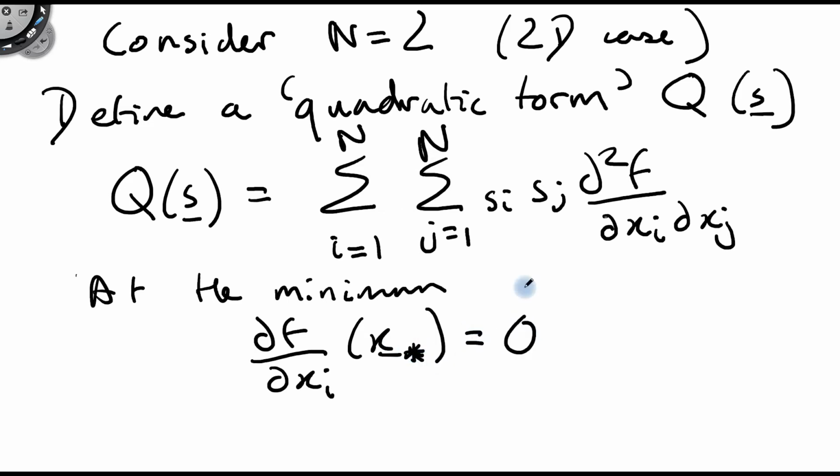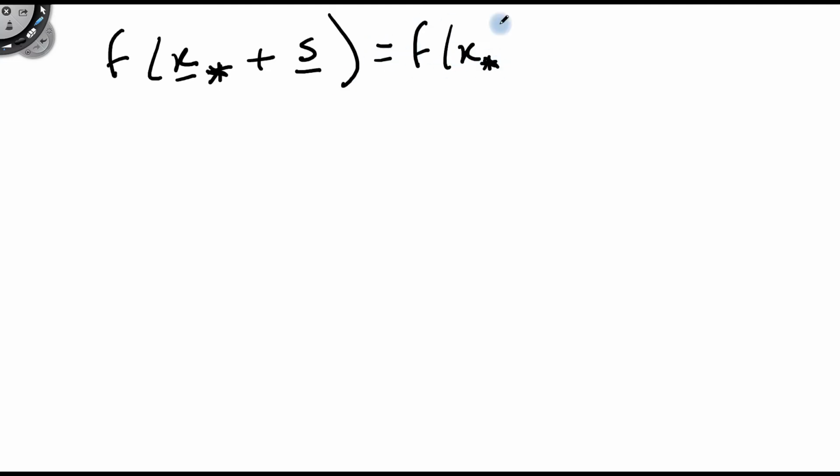So this radically simplifies the presentation of this Taylor series. All the terms in the first derivative are just 0. Okay, and we're going to bundle all the second derivatives into this Q. Then we can rewrite our multi-dimensional Taylor series into a simple expression, where you have the value of the function at the minimum.